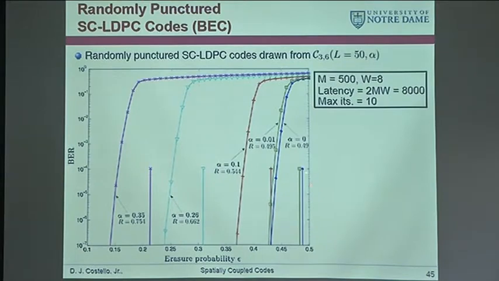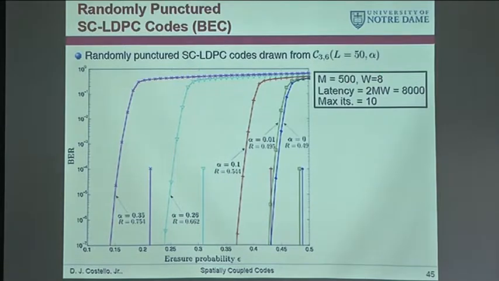This is the threshold. With this termination factor, the rate loss is from 0.5 down to 0.49, and this is the corresponding threshold. So we see here we're fairly close to the threshold. Our lifting factor was 500 and our window size was 8.